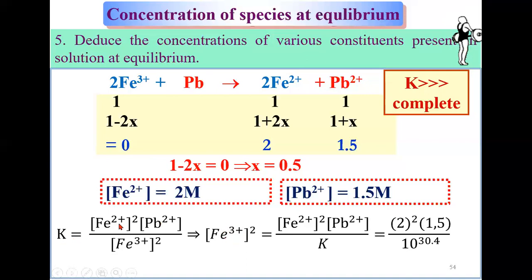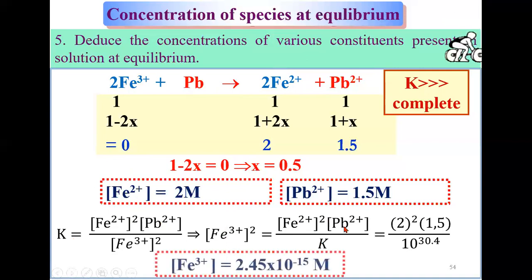K is the equilibrium concentration of the products divided by the reactants, each to its stoichiometric ratio. And then it's mathematics. Solve for Fe3 plus. You have the K, you have each of these, get the Fe3 plus, and that's the number that you get.